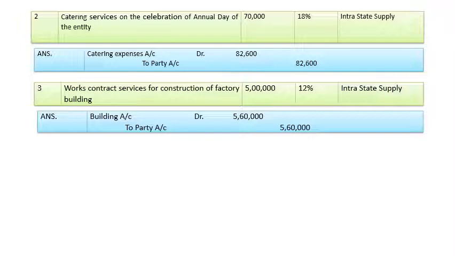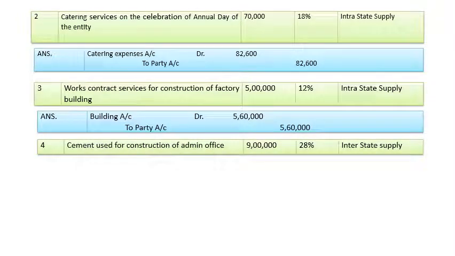In this case, the businessman has added the GST amount into the expense, 5 lakh plus 60,000, and separately it is not written CGST input receivable, SGST input receivable, because credit is not available. It is recorded separately when credit is available, but when credit is not available, a person doesn't record it in the books of account.